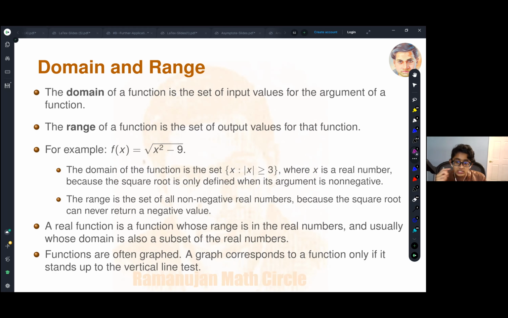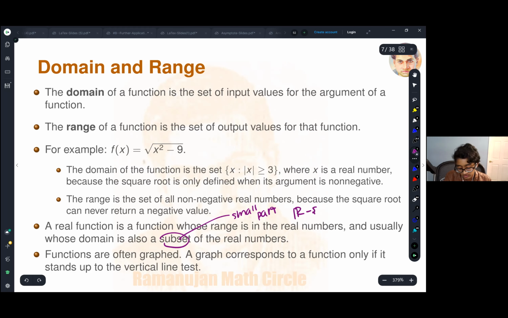Like, if it's a small part of the real numbers, it could be something like this. This is a subset of real numbers because it's still part of the real numbers; all it is is it's missing 0. That's it.